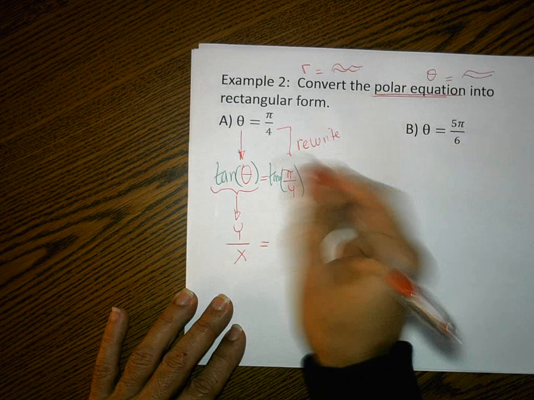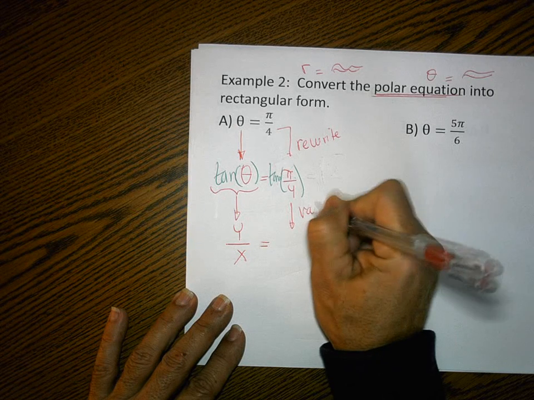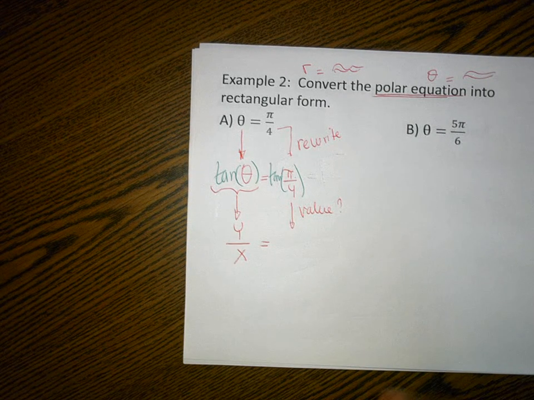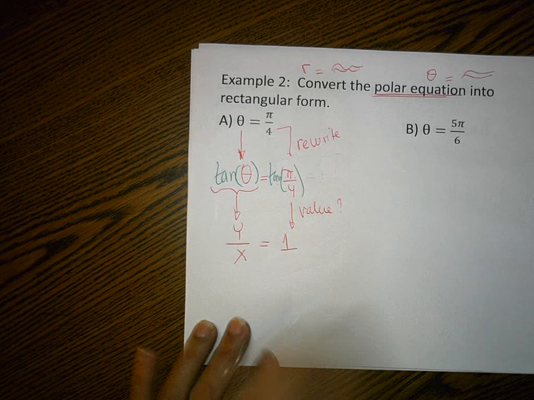What do we do with the tangent of pi over 4? Well, I go find that value. Look at your unit circle. If you haven't memorized it by now, the tangent of pi over 4 is simply 1.